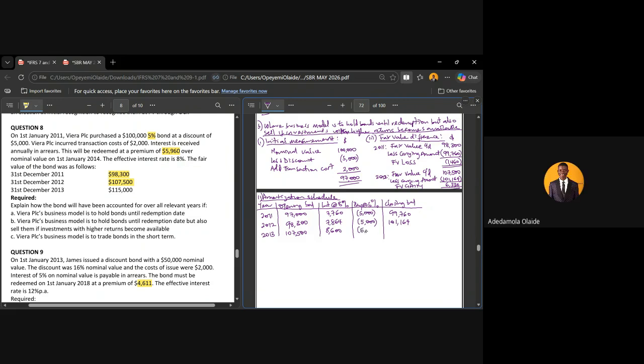And if we pay 5,000, the closing balance will be 111,100.